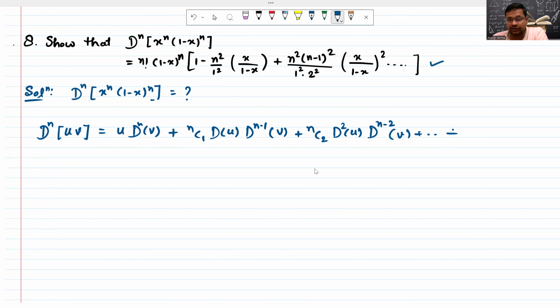And in the last we have v, and this is nth derivative of u. So the derivative order is increasing in u and decreasing in v according to the binomial expansion.